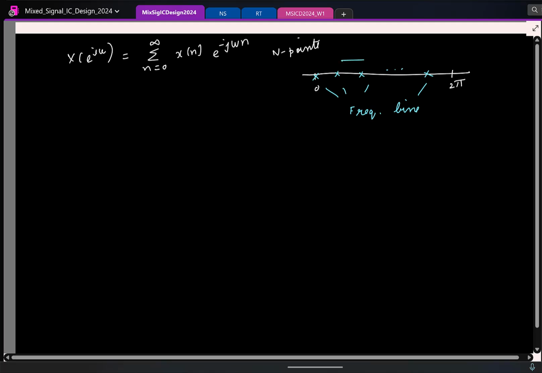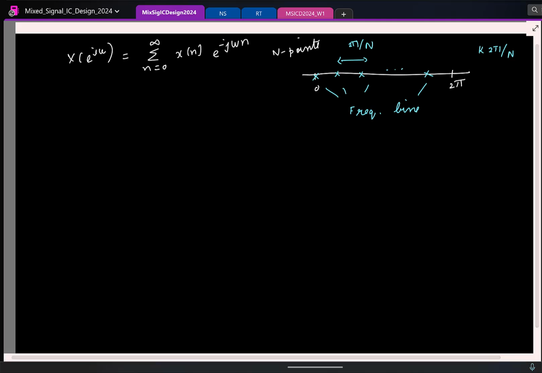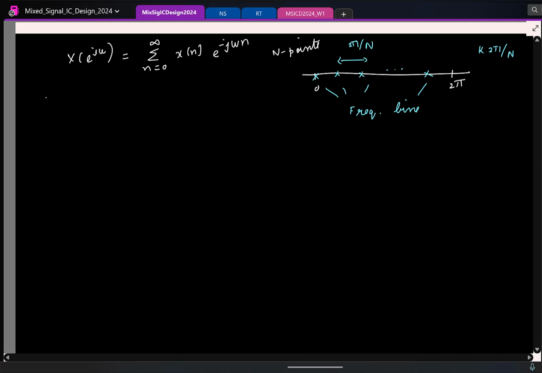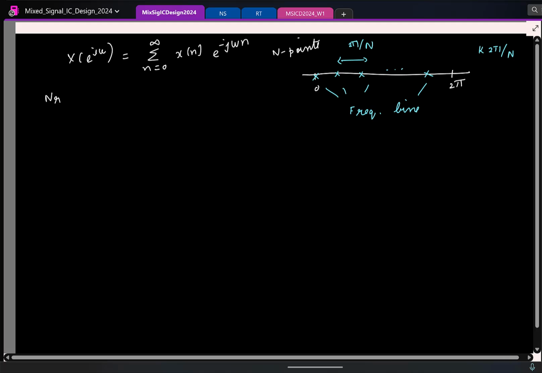And what is this bin width? 2 pi by n. Fine. So you compute the spectrum at multiples of 2 pi by n like this. And of course, instead of running the summation till infinity, you decide that you take the summation for a finite number of samples. So that means we'll have a finite record length NR.